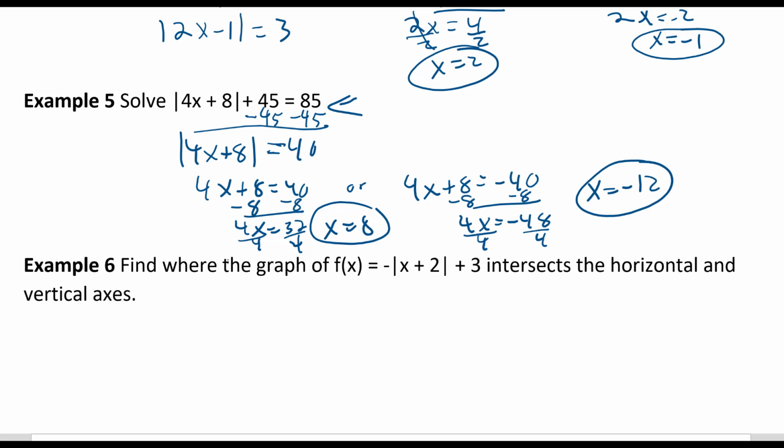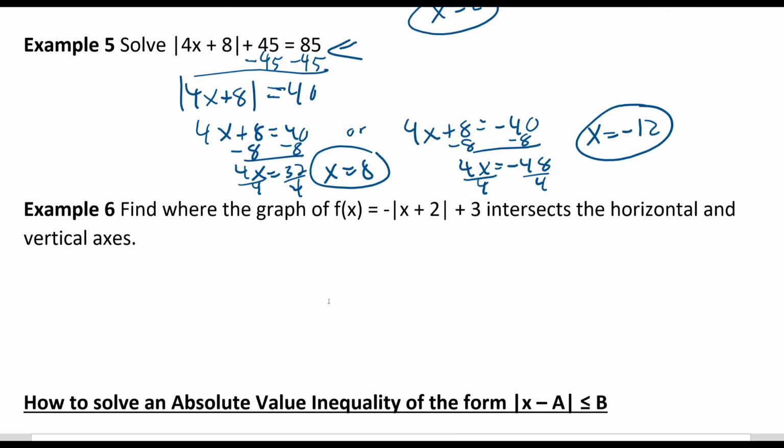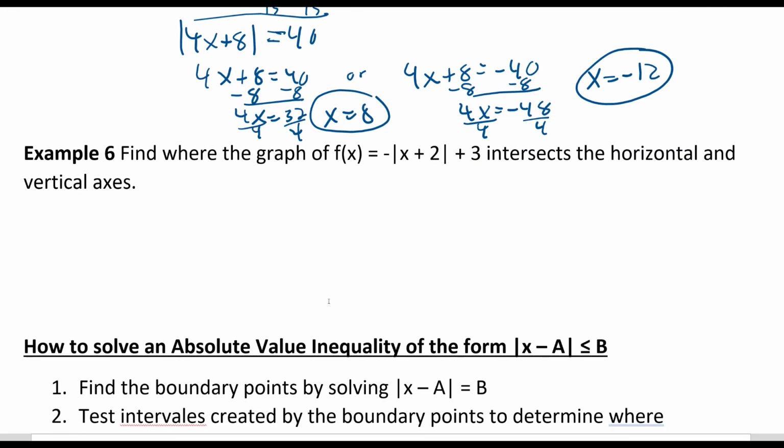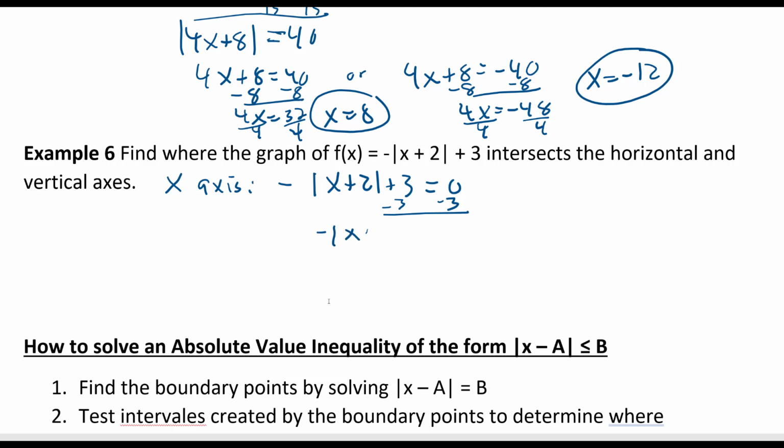Now we're going to see where this graph intersects the horizontal and vertical axes. So we first take, for the x-axis, negative absolute value of x plus 2 plus 3 equals 0. So I can subtract 3 from both sides, and negative absolute value of x plus 2 equals negative 3. Now we say the absolute value can't be a negative, but this is a negative absolute value, which is a negative, so I can divide both sides by negative 1.